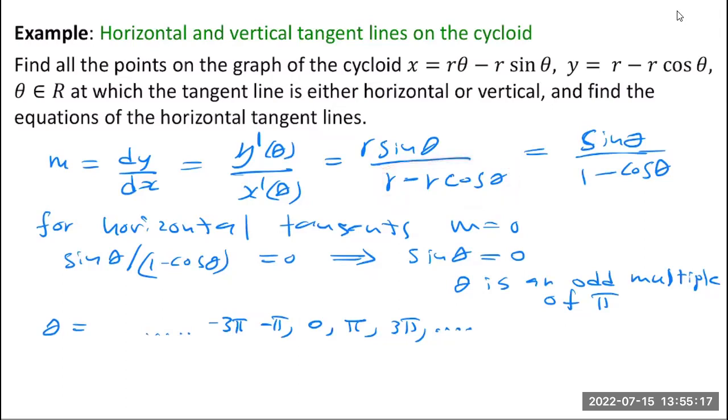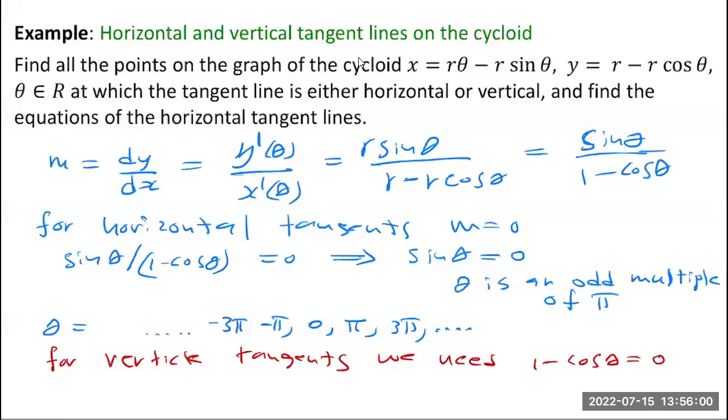For vertical tangents, we need 1 minus cosine theta, that is the denominator of the slope, to be 0. When the denominator is 0, it's undefined, you have a vertical tangent.